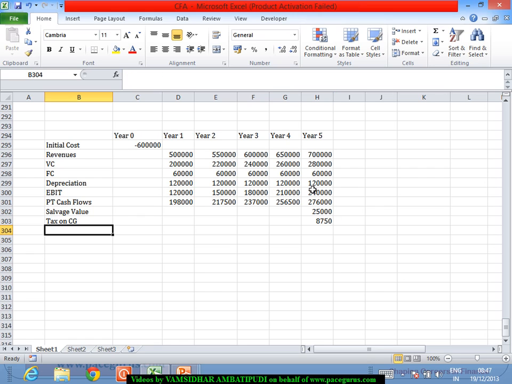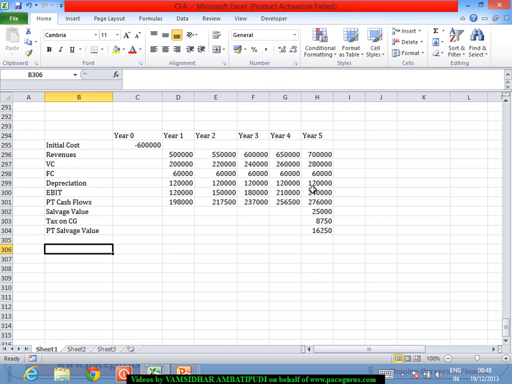So the net salvage value, or the post-tax salvage value, is the difference between the two: 25,000 minus 8,750, working out to 16,250.